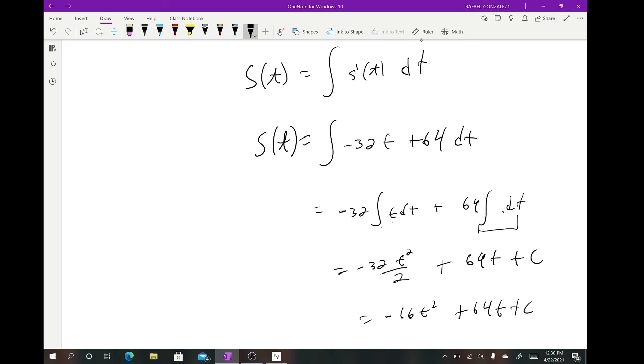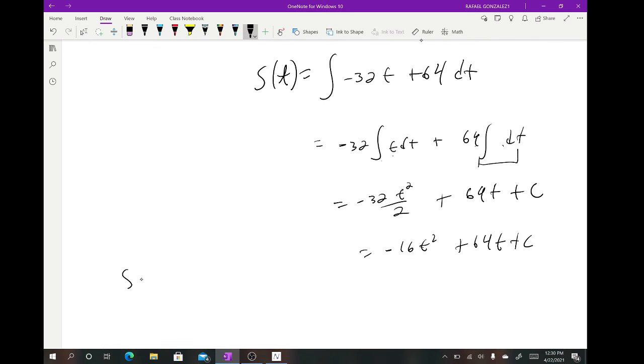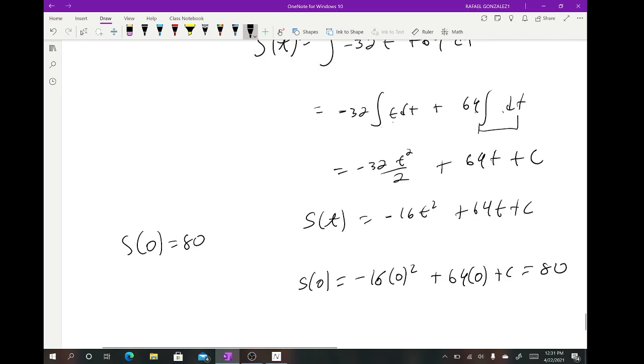And we have an initial value for s, for the position. We have s of 0 is equal to 80. This was given in the problem. So now, because we have found what s of t is equal to, s of 0 is equal to negative 16 times 0 squared plus 64 times 0 plus c, which has to be equal to 80.